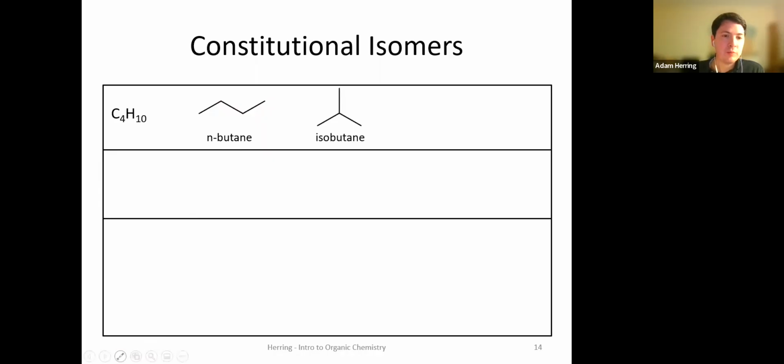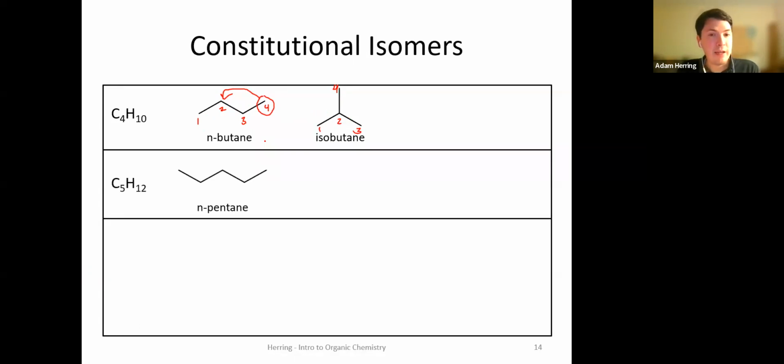And throughout this process, it can be helpful to number the different carbons. So here we have carbon 1, 2, 3, and 4. Essentially what we've done is we've taken carbon 4 and reattached it here to carbon 2. We now have a constitutional isomer. This is called isobutane.